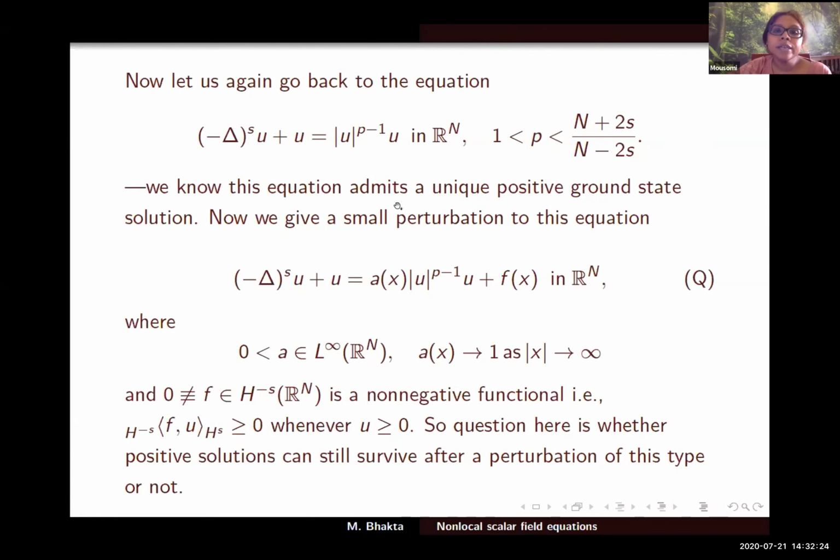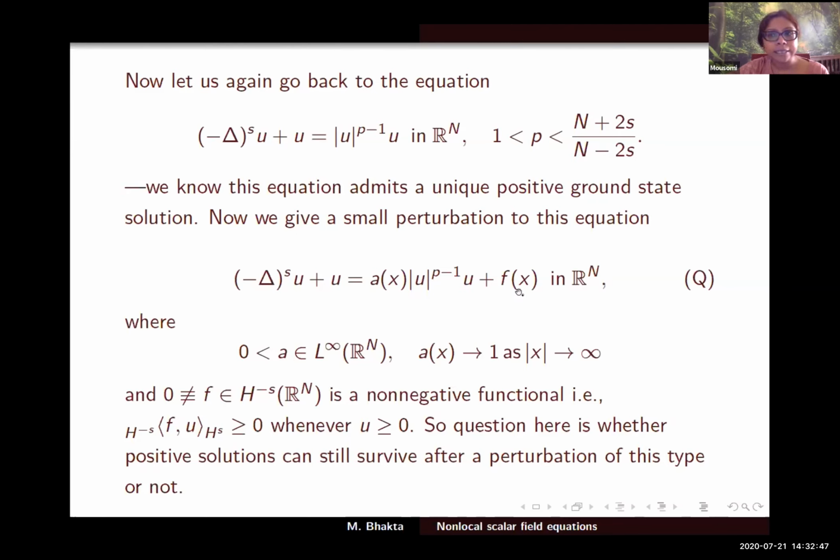Now I give a little bit of perturbation to this equation, by putting a coefficient function A(x) and a non-homogeneous term f(x). Why am I calling it a little perturbation? Because I'm taking a positive L infinity function which goes to 1 asymptotically.